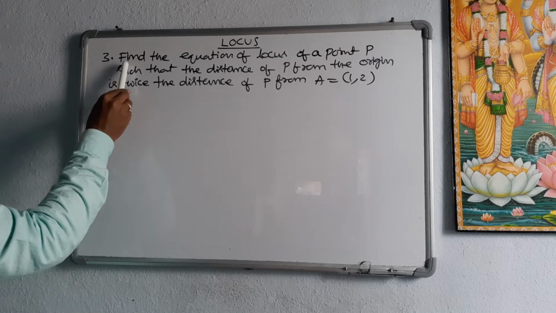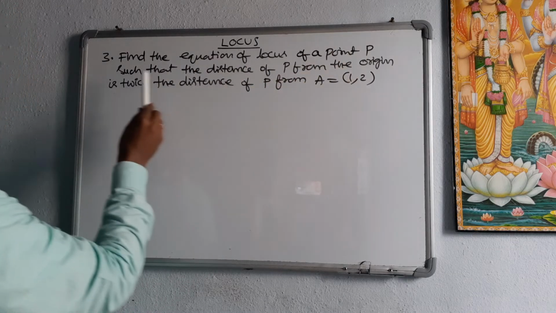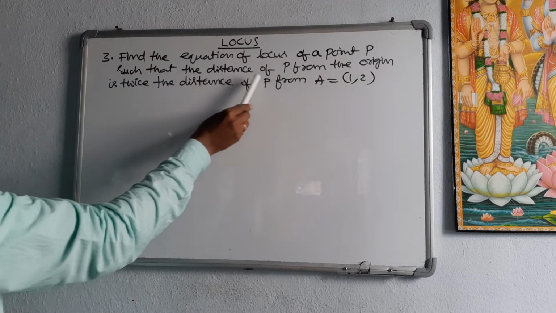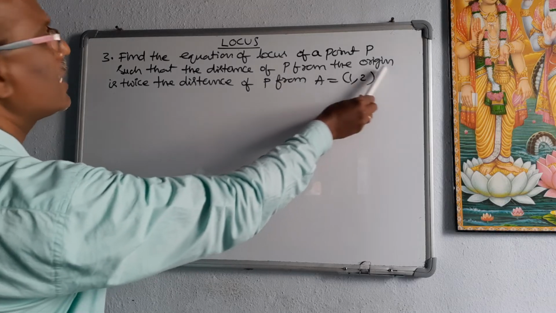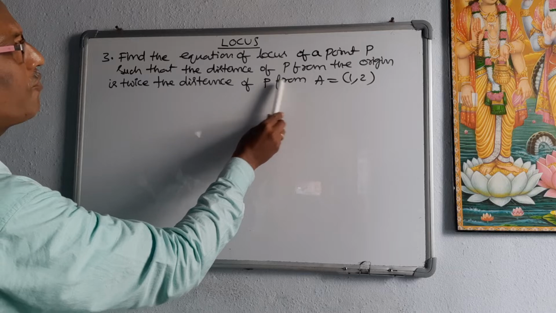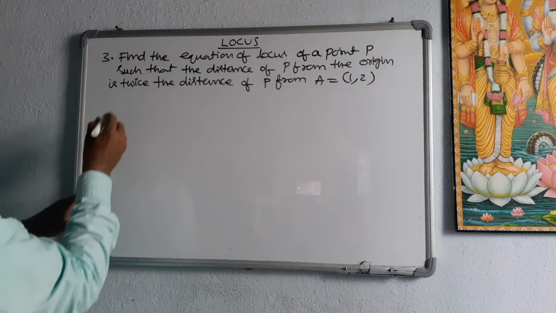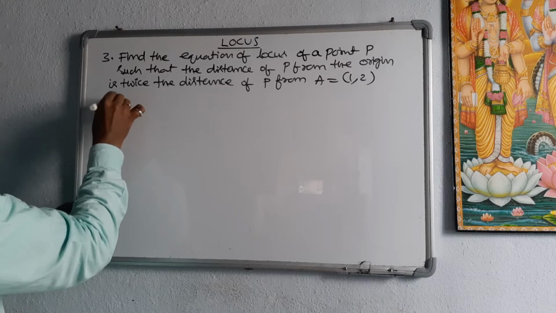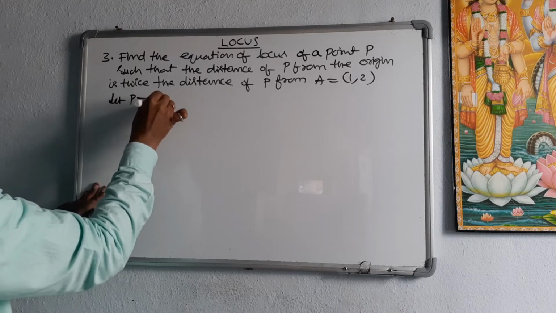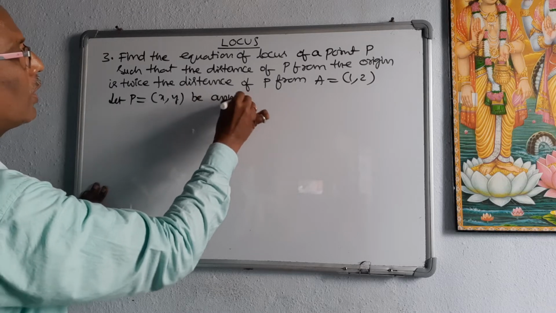Third question. Find the equation of locus of a point P such that the distance of P from the origin is twice the distance of P from A = (1, 2). Here, let P = (x, y) be any point on the locus.